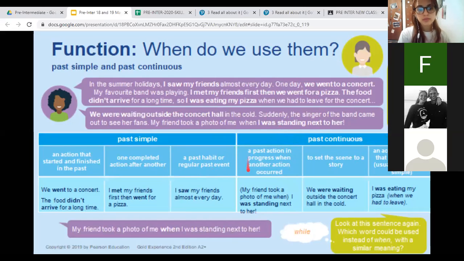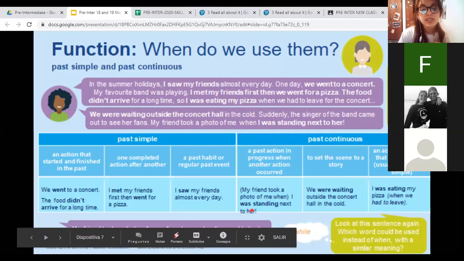Then we move on to the past continuous. We use this tense to talk about a past action in progress when another action occurred. The important thing here is that the action was in progress. It was a progressive action. It's not one action that was completed in one sentence, but an action that took a long time, right?